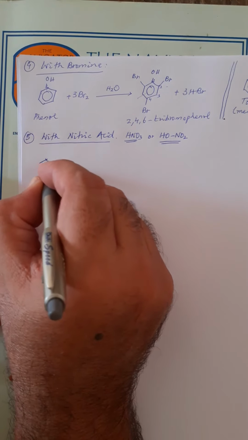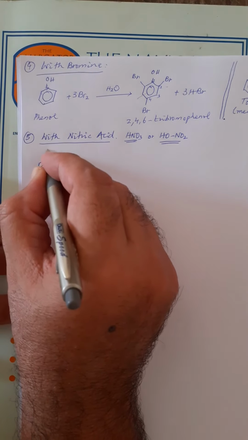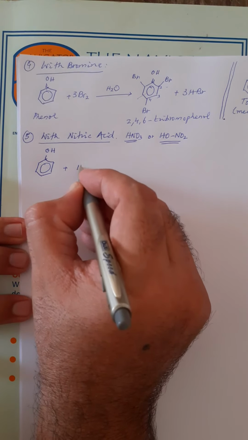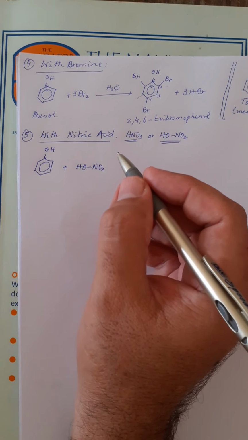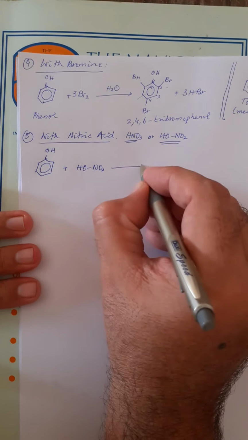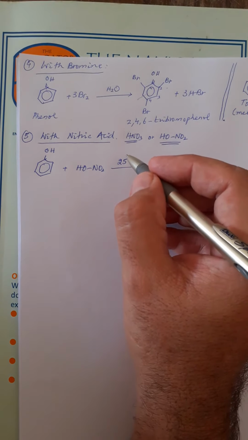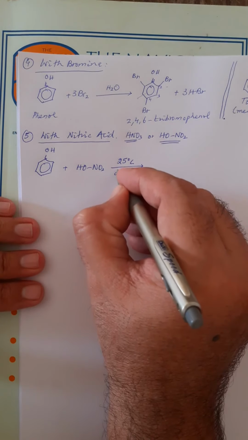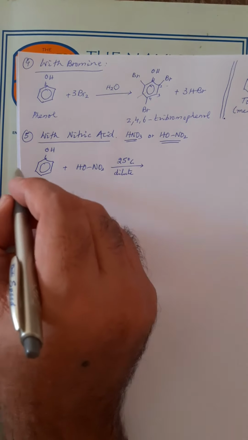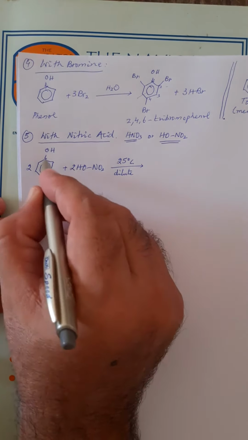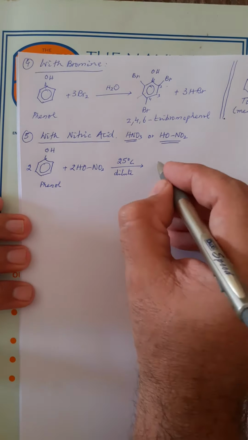So this is phenol, and this is HONO2, nitric acid. I hope you get it, right? So when this reaction occurs at room temperature, let's say 25 degrees C, where we take a dilute nitric acid to react with phenol, what happens is that since phenol is an ortho-para director, we have two products.